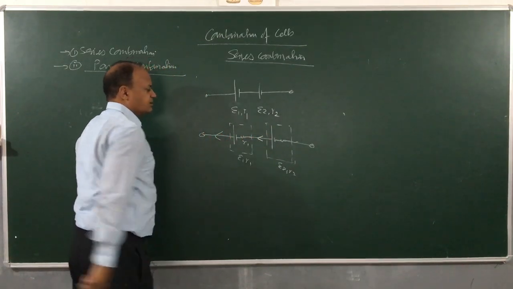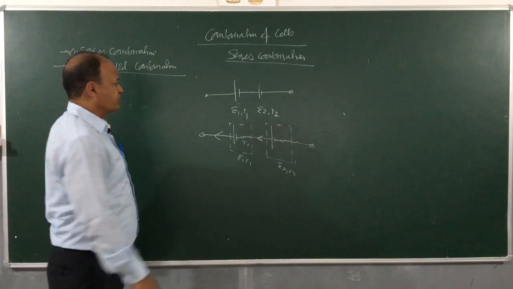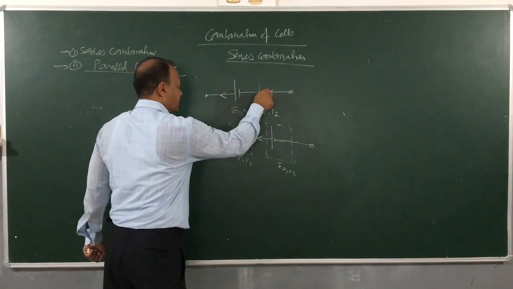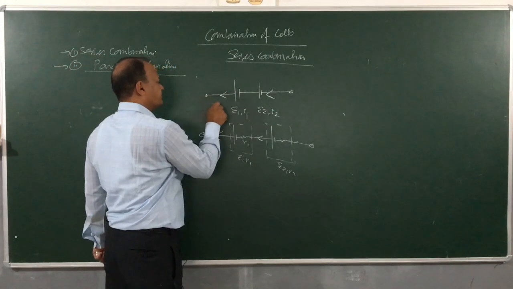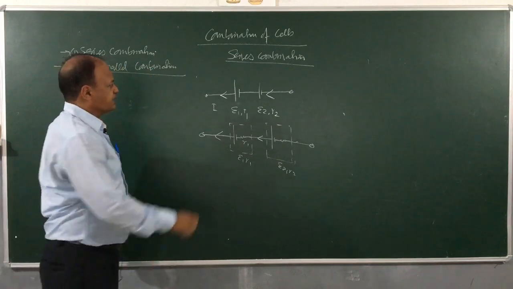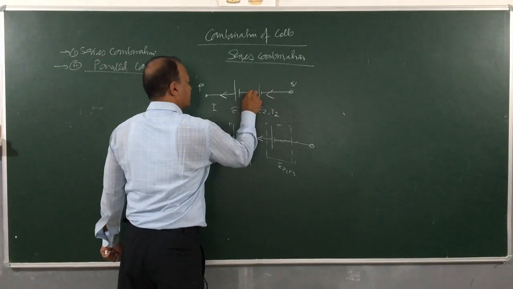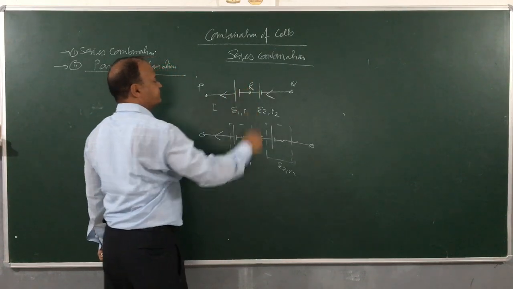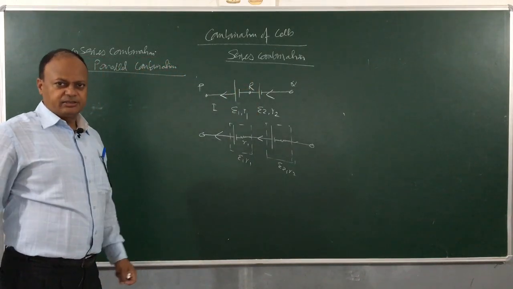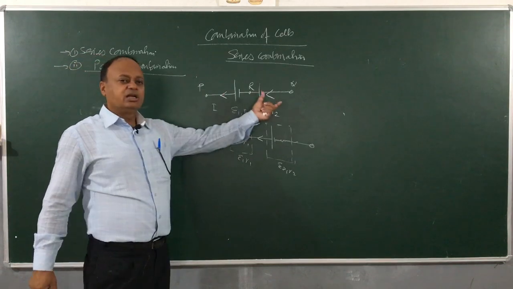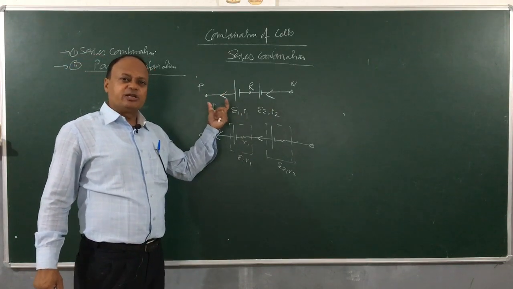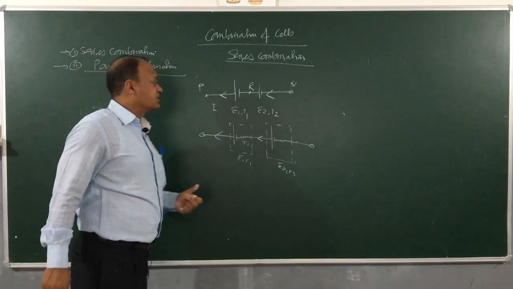This is how the currents are flowing through the two cells, right? Let us say the current is I. I will take this point as P, I will take this point as Q, and I will take this point as R. Clear?